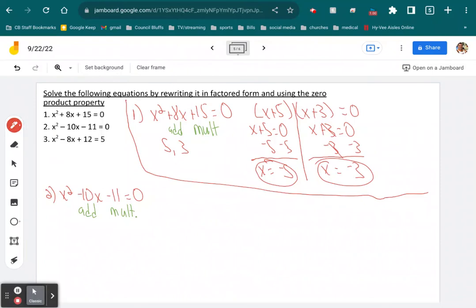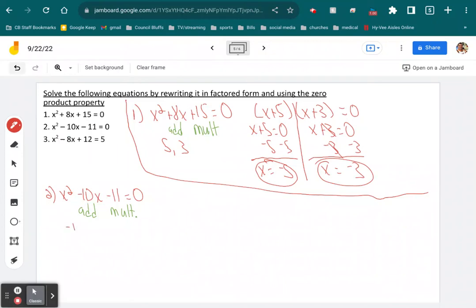Okay, so I know I need a positive and a negative number because this number is negative. In order to get a negative answer when multiplying, I know I need to have at least one of each. So one positive and one negative. And then the sum has to be negative. And the only way that could happen is if the bigger number is negative.